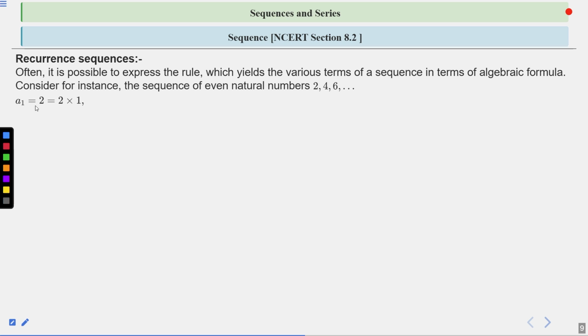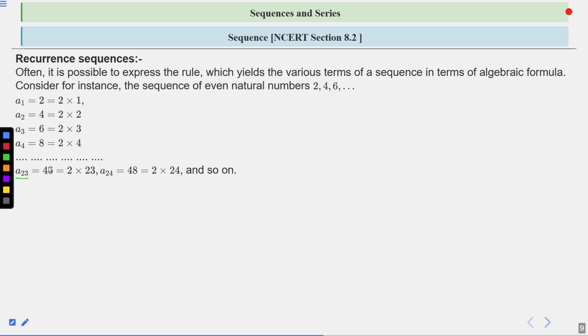Now, how are we going to use A1, A2, A3 form? Simple. A1 is nothing but 2, already given to us. We can rewrite this 2 as 2 times 1. A2 is 4. We can rewrite this as 2 times 2. A3 is 6. We can rewrite it as 2 times 3. A4 is 8. We can rewrite this 8 as 2 times 4. And so on.